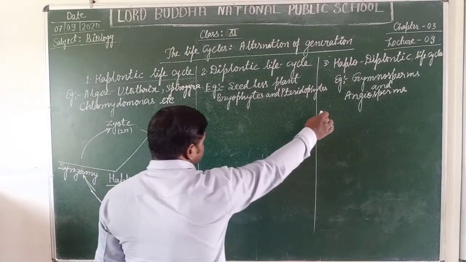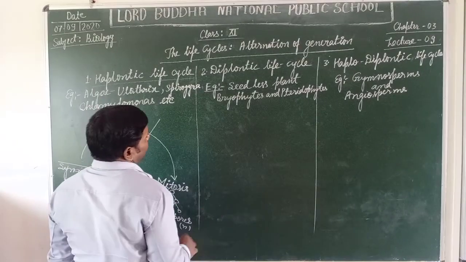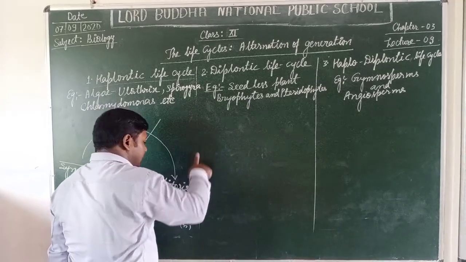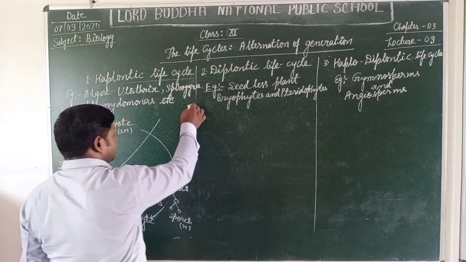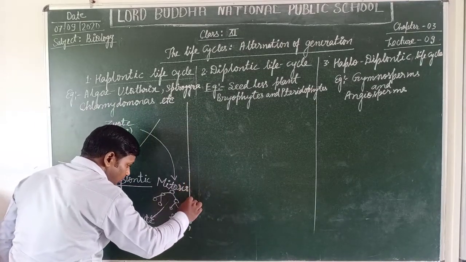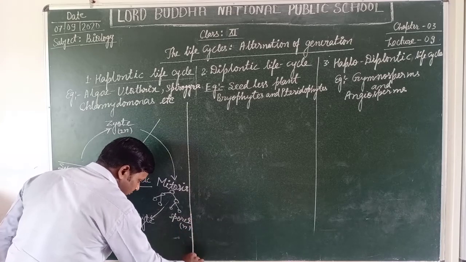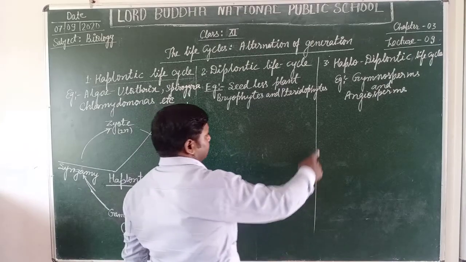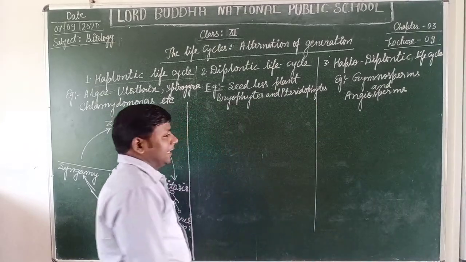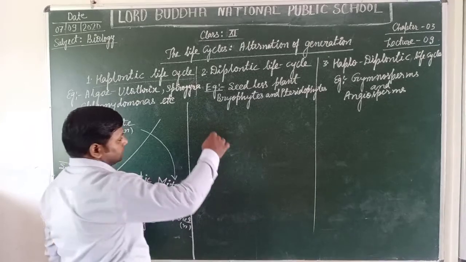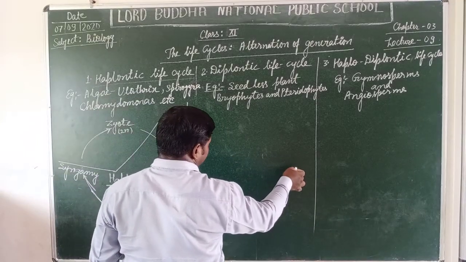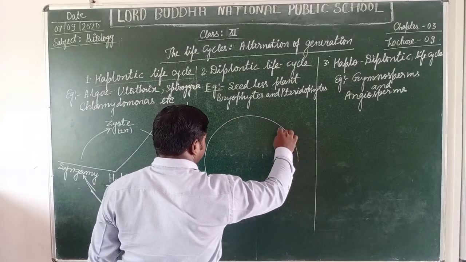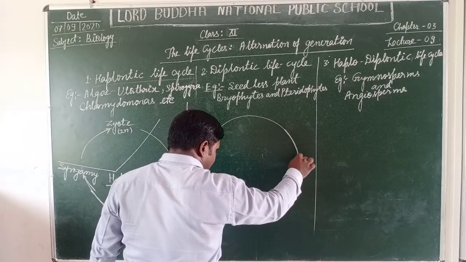Now students, this is the diplontic life cycle. Here, the alternation of generation takes place from the sporophyte to gametophyte, and the dominant phase is the sporophyte, because the sporophyte is the main plant body in such type of plants.